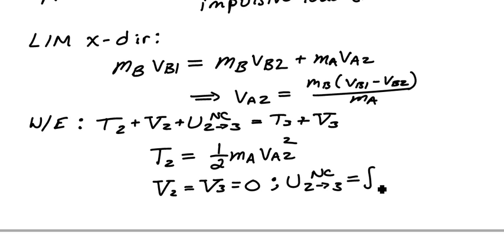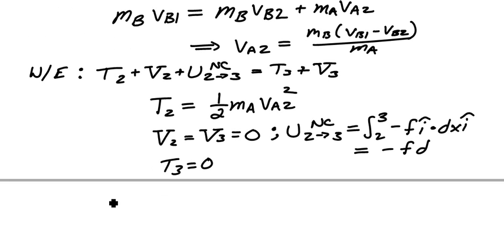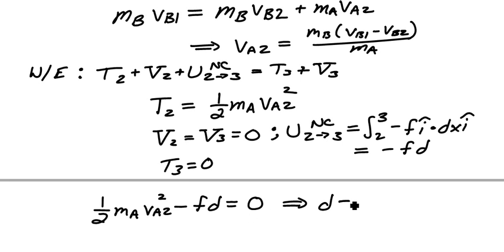So I'll have the integral from state 2 to state 3 of the friction force, minus F in the i direction, dotted with a differential displacement dx in the i direction, which gives simply minus F times the distance traveled, d. Then T3 equals 0. Adding these together, 1/2 times the mass of A times va2 squared minus F times d equals 0, and I can solve for the distance traveled d.